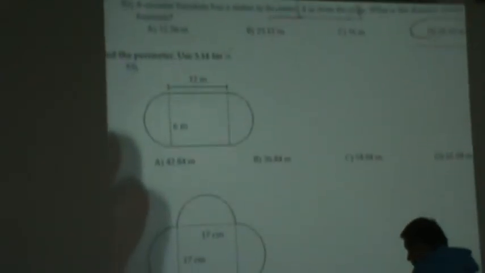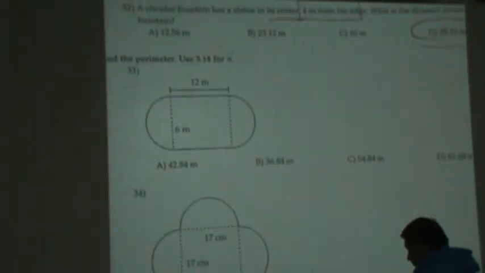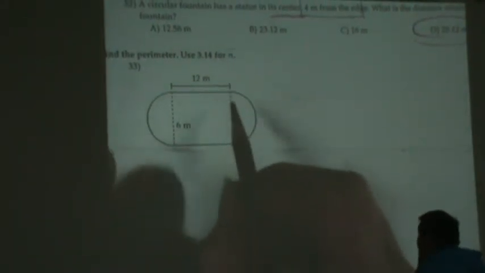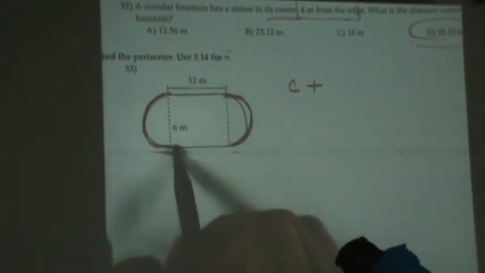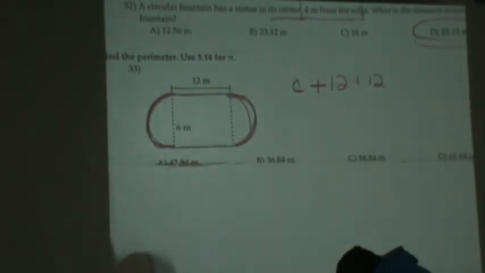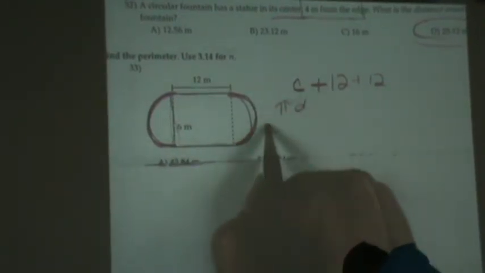Okay, find the perimeter. This is like some of your homework. Going around just the 2 sides would be a circumference of a circle, wouldn't it? So we have one circumference plus a 12 and another 12. The circumference, since we know the diameter across it, we'll use pi times the diameter. So we'll do 3.14 times 6.